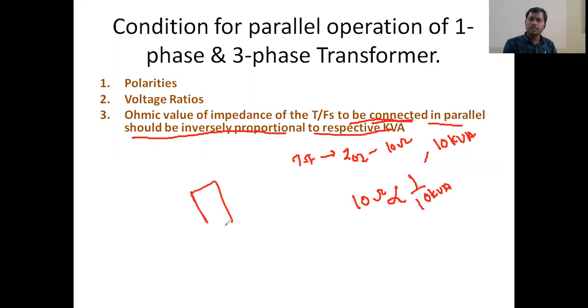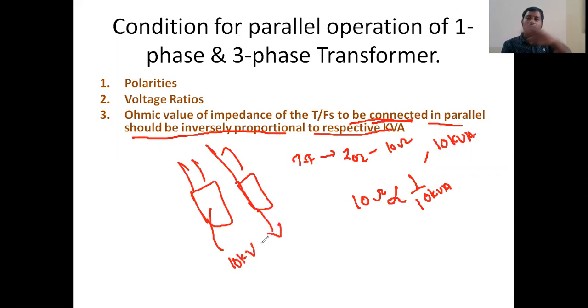If you want to connect the transformer in parallel with another transformer, this transformer capacity may be 10 kVA, and the other transformer capacity may not be 10 kVA. That may be 5 kVA, 2 kVA, 6 kVA, whatever it may be.